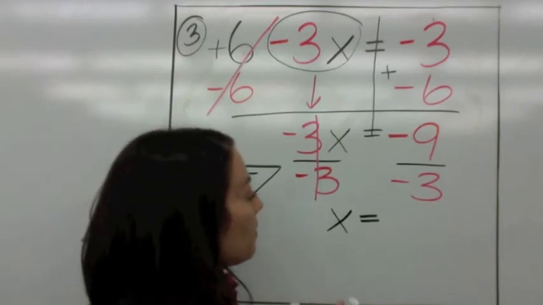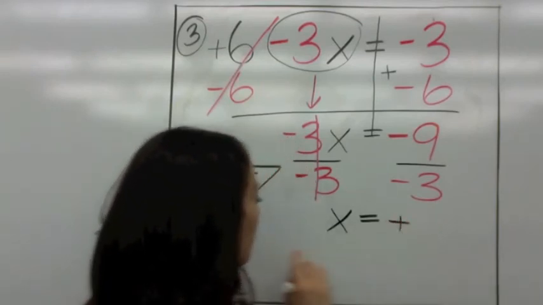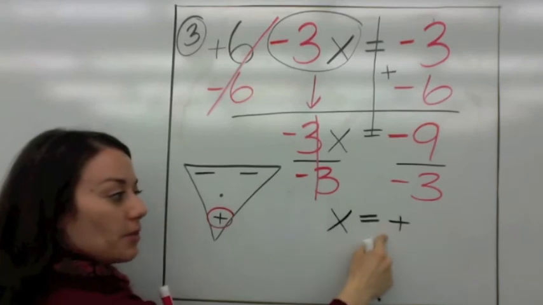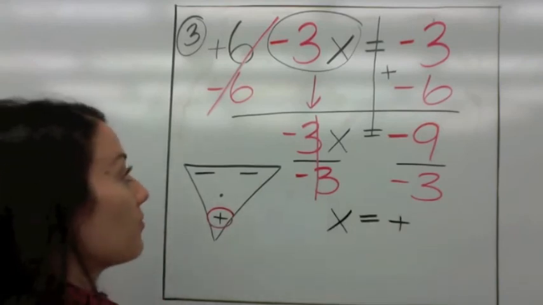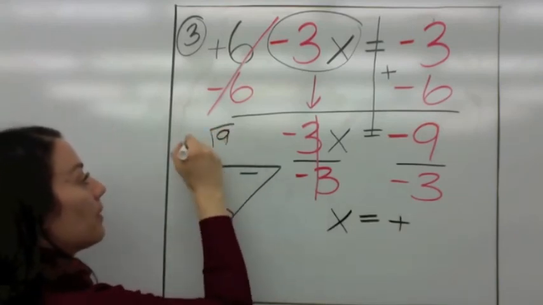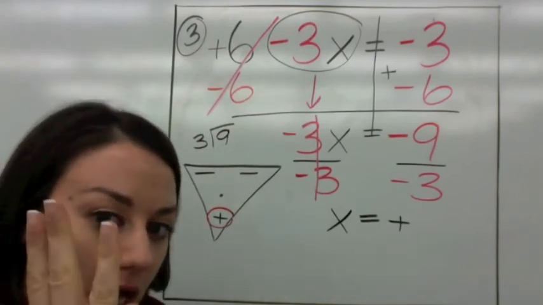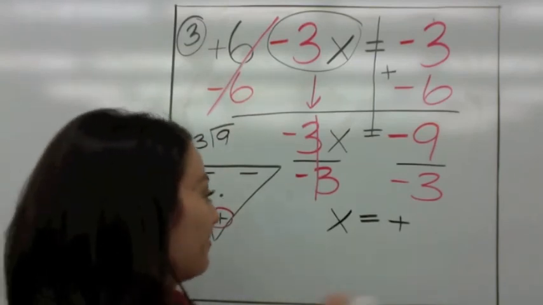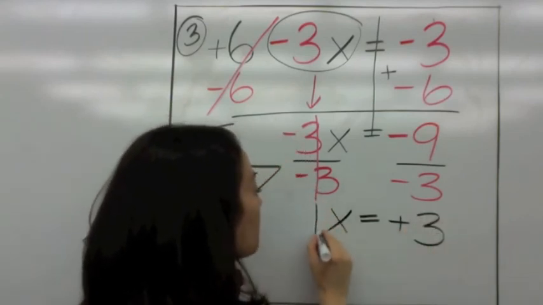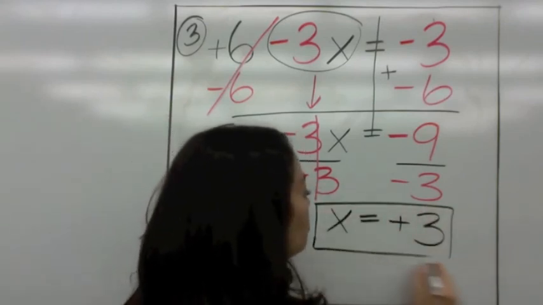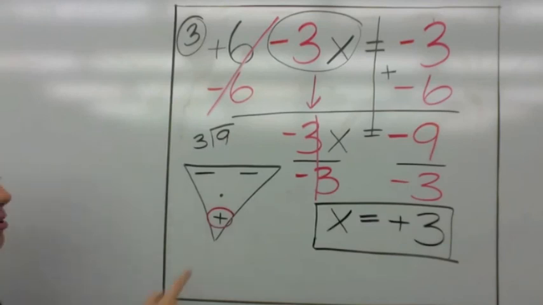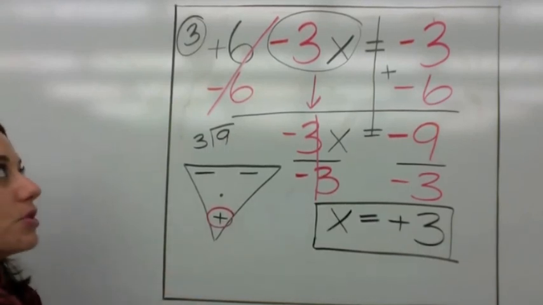We circled his mouth, right? Negative divided by negative is positive. But now we have to do 9 divided by 3. Okay. So we say 3, 6, 9. What is it? It's 3. So the answer here is positive 3. And remember, you don't have to check these answers, but you do have to draw Bob when you solve these equations.